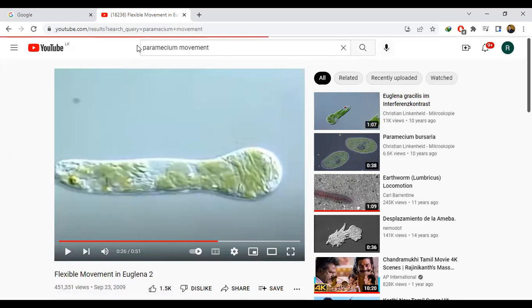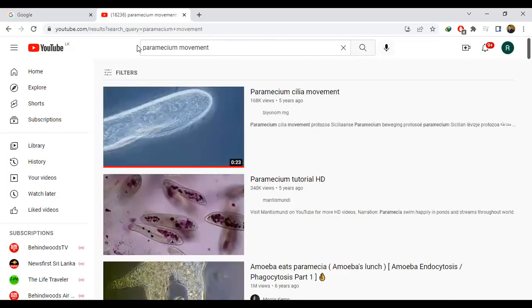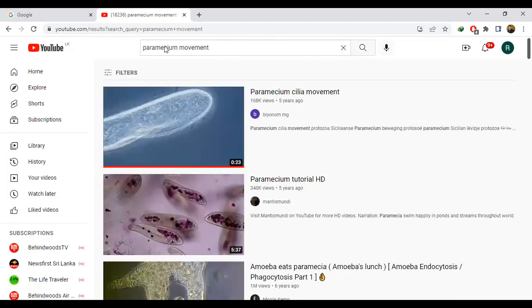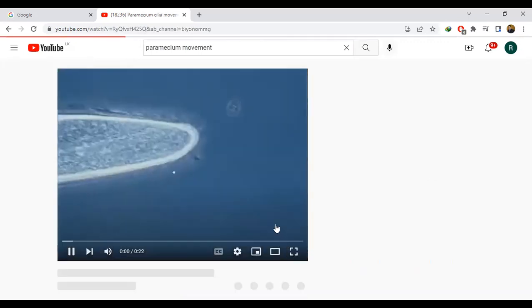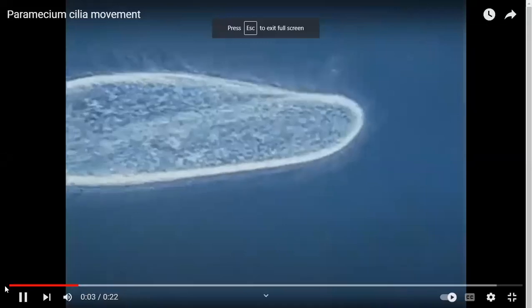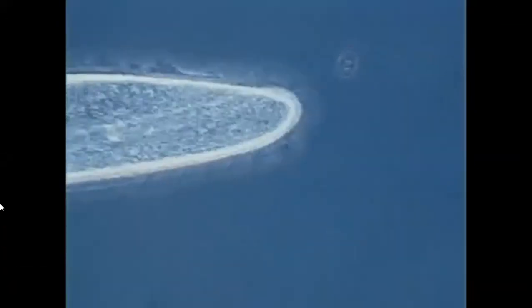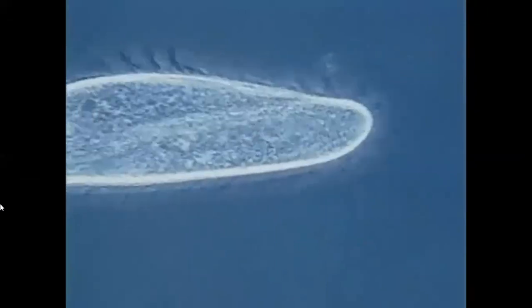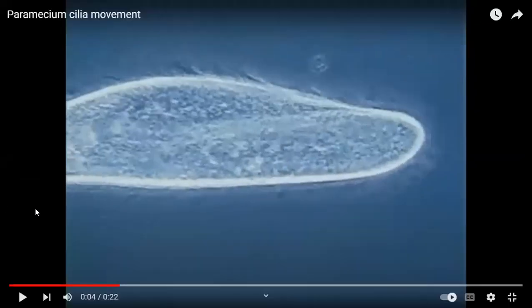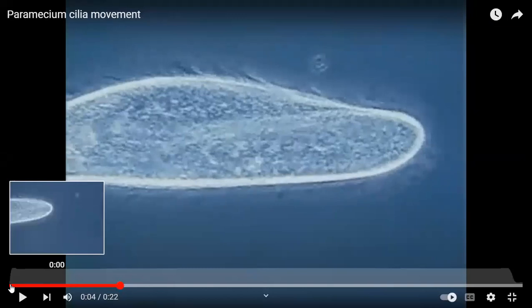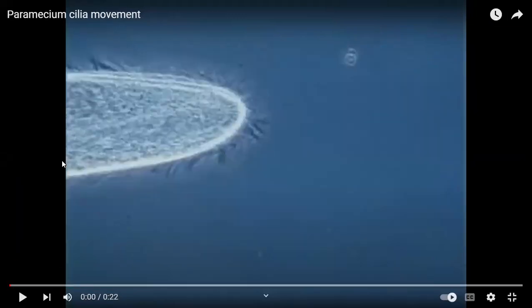Similarly, paramecium. You know paramecium, a familiar word. Can you see the paramecium here? Yes, sir. Can you see its ciliary beads?